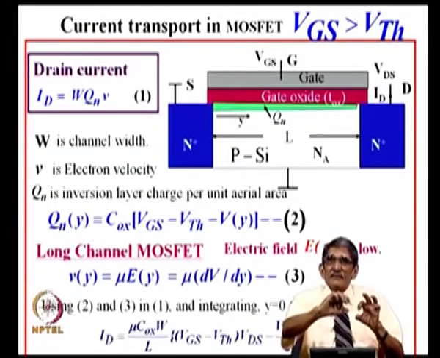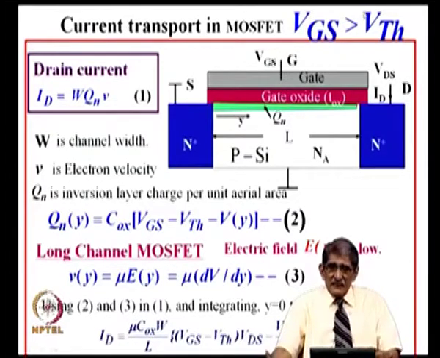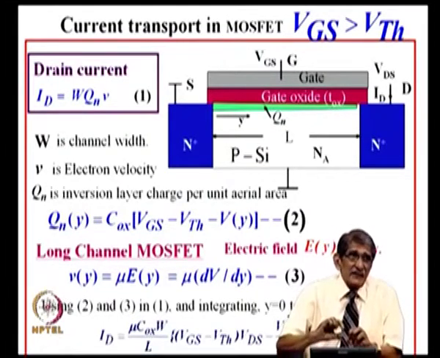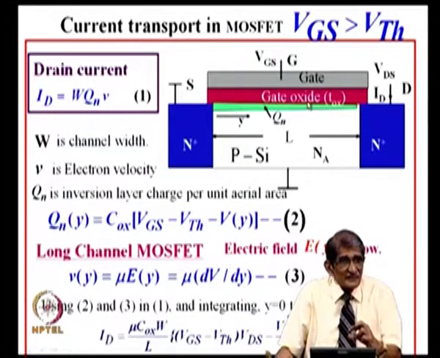Okay, uniform depth. Now, when you apply voltage, the charge concentration here keeps on reducing because of voltage drop, which you can look at as a resistor whose area of cross section decreases. So, as you apply the voltage VDS, the area of cross section of this resistor keeps on falling.